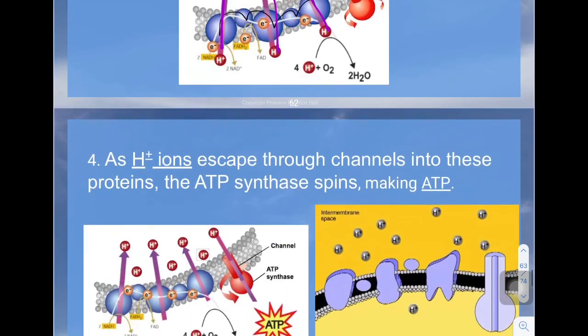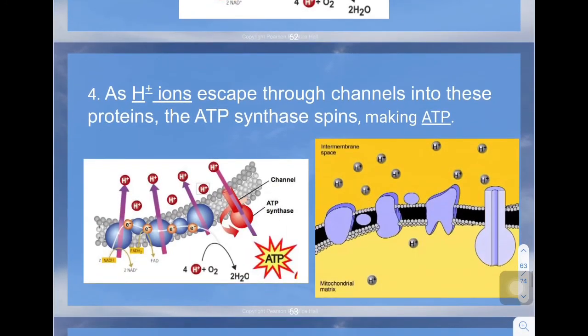So step number 4 actually has those hydrogen ions escaping back through the membrane channels, causing this molecule right here, called ATP synthase, to spin, kind of like a water wheel or a wind turbine.